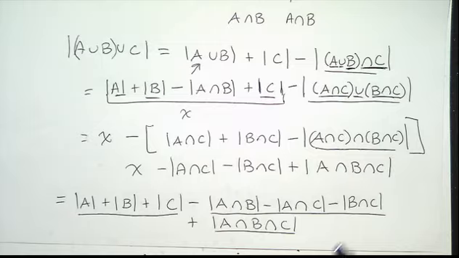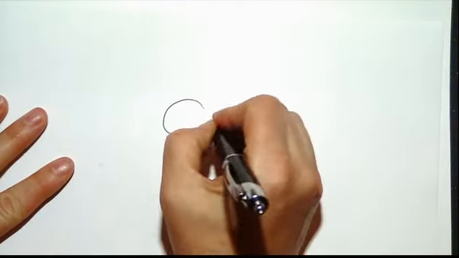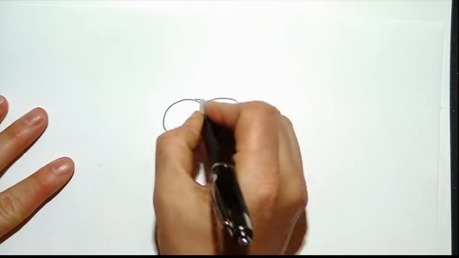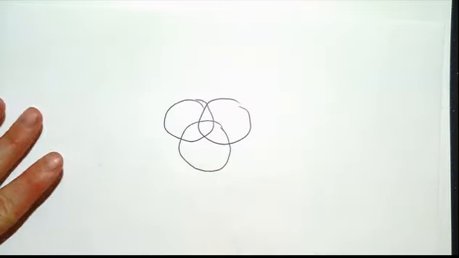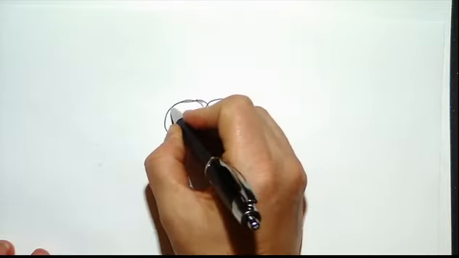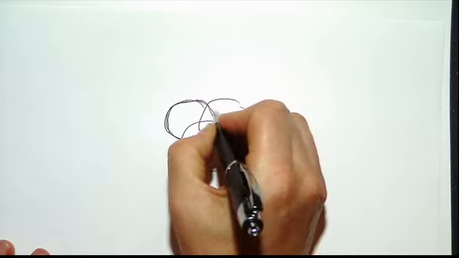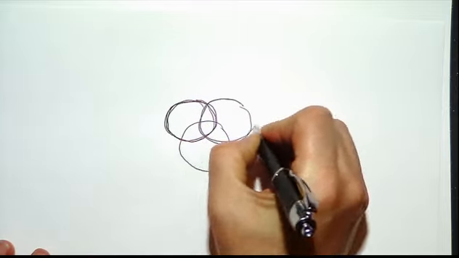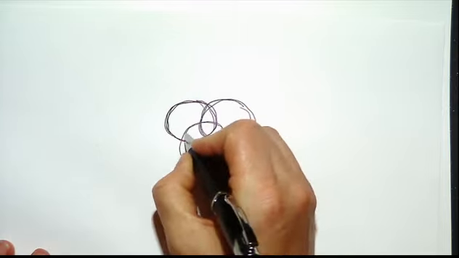So remember from our Venn diagrams that we did when we did set theory, that when we start looking at multiple sets, it gets more and more complex, like how many overlaps they have. So the way this works is, when we count the singles, that's like counting these circles, right?